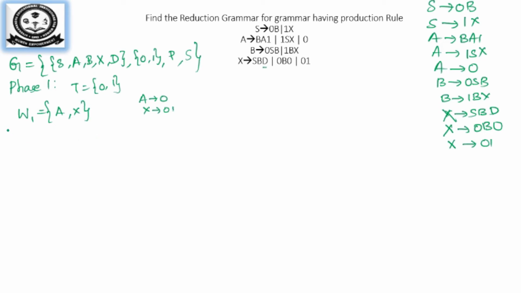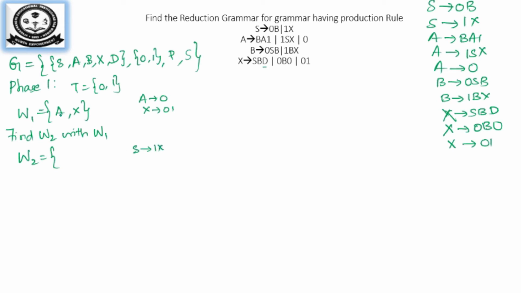Now find W2 with W1. So that's your next step. So let us have W2 here. Now what I have to do here is find all the production non-terminal symbols that can derive A and X. So you can see here S tends to 1X.